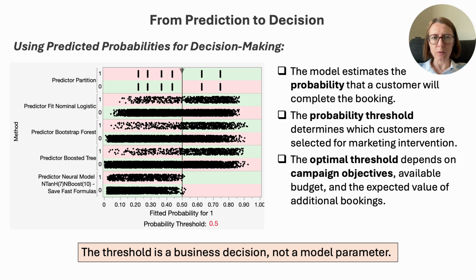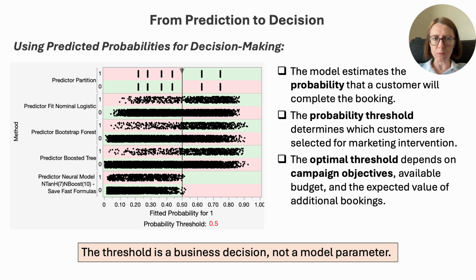Up to this point, the model has only estimated the probability that each customer will complete a booking. The business decision comes next. We choose a probability threshold to decide which customers should receive additional marketing. A lower threshold targets more customers but increases marketing costs.